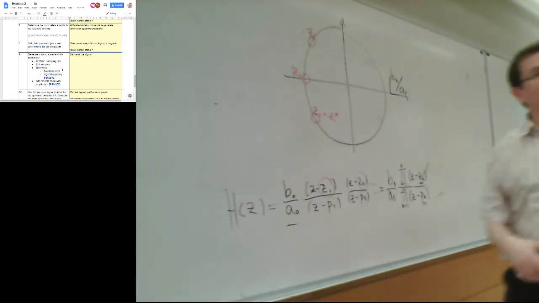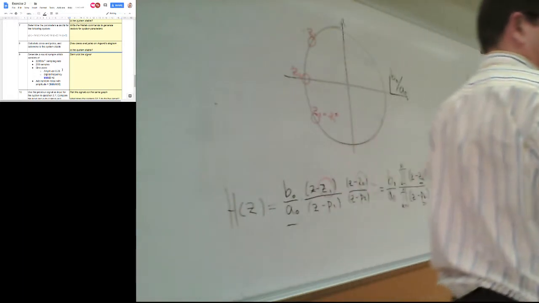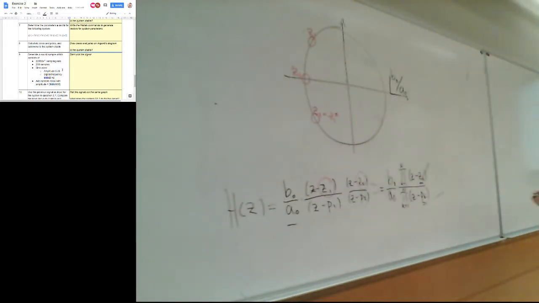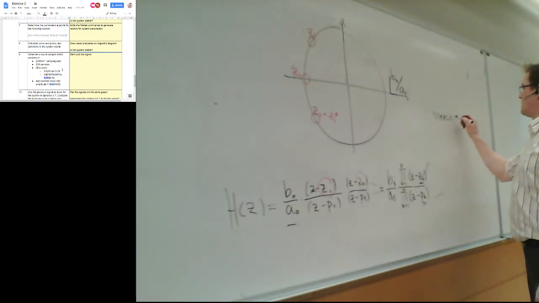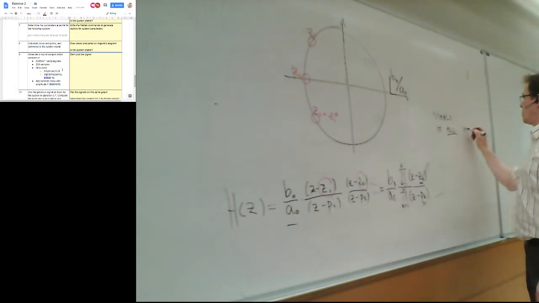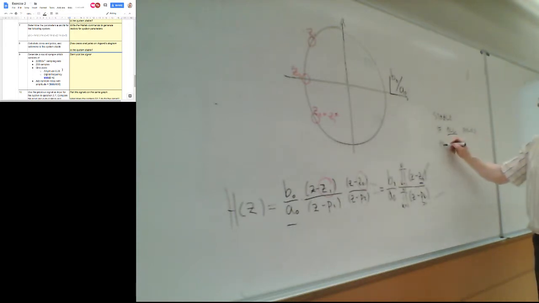And now I can tell you something about the stability. Bounded input, bounded output stability. So a system is stable if all poles are inside of the unit circle. So this is the stability test, all you need to know.